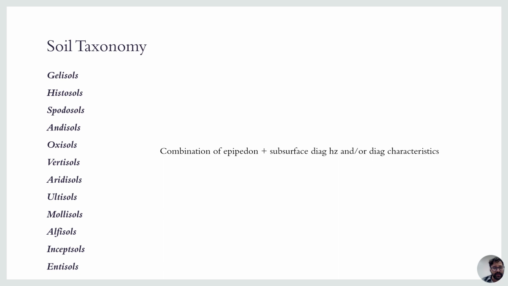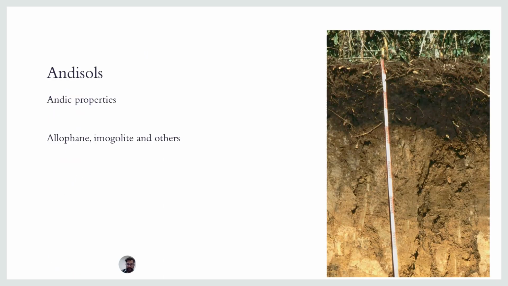In this class, we plan to talk about the Andisols and the Oxisols, two soil orders that are completely different. The Andisols are those soils which express andic properties, a huge and strong effect of andic properties.